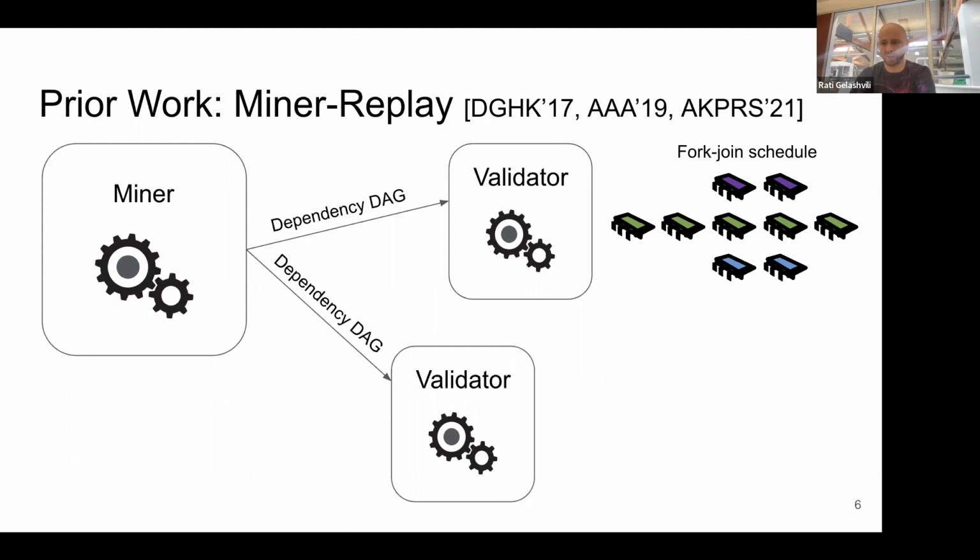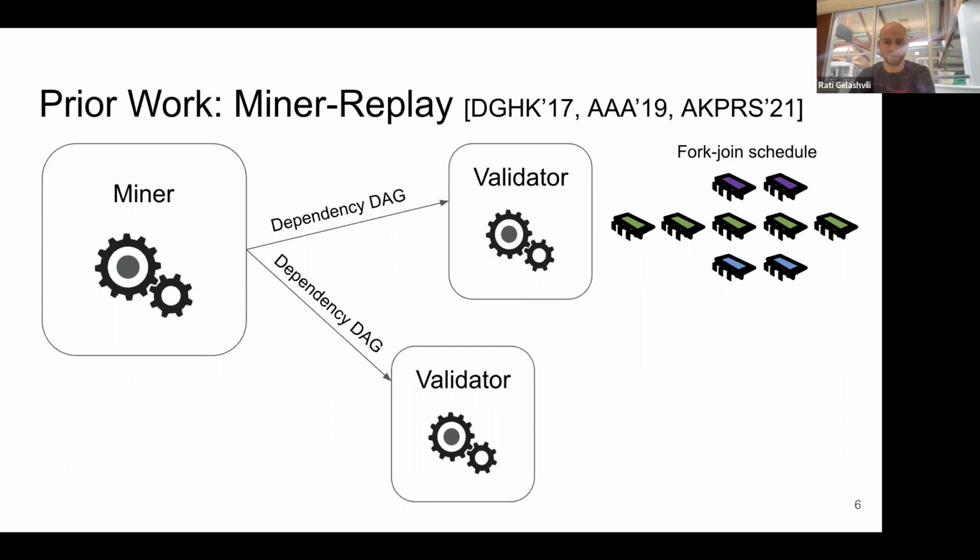There are many ways, like a locking schedule, and a lot of the subsequent work has been compressing this information, making it more efficient, coupling it with some sort of static analysis, etc. But usually the idea is that the other, non-leader validators would have the transactions, but they would also have some hints coming from the leader that would tell them which transaction has a dependency on what else.